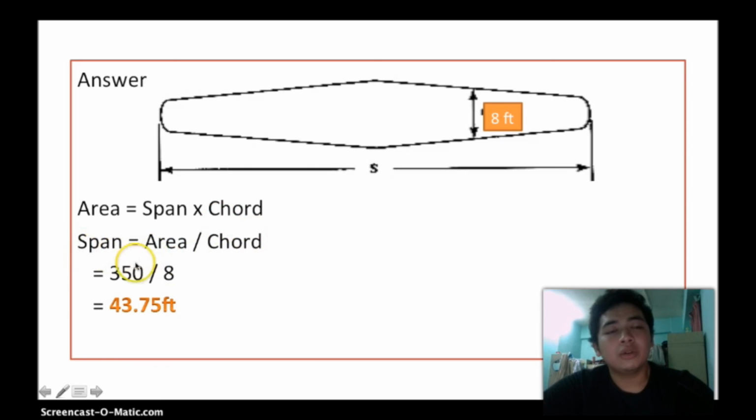Span is equal to area over chord, where the values of area and chord are 350 feet square and 8 feet respectively. So we divide 350 feet square over 8 feet to get the span. For this question, the answer is 43.75 feet. So that's the answer for this question.